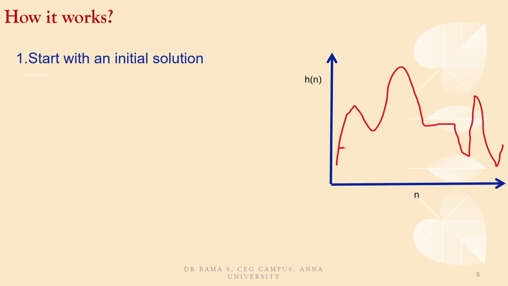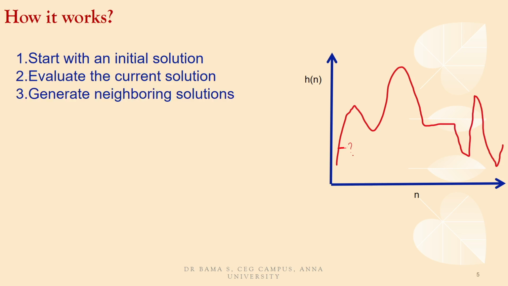So how it normally works, this is the same diagram as earlier. We start with the initial solution, let's say our initial point is somewhere here. Then we evaluate it, and then we see what the next neighboring solution is and evaluate those neighbors.